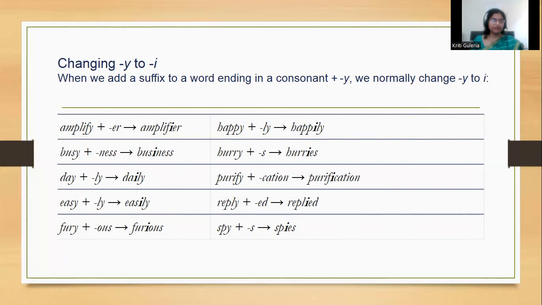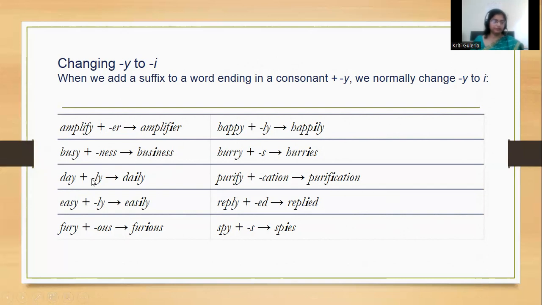Amplify becomes amplifier. So Y always becomes I, and after that we have to frame the word. Busy, busyness, which is termed as business. So Y has been taken out and it adds I, and after that, ness.